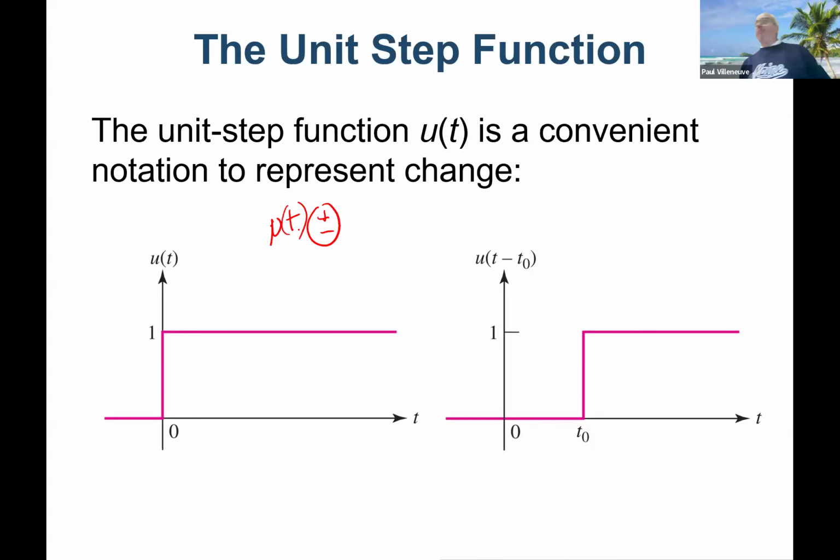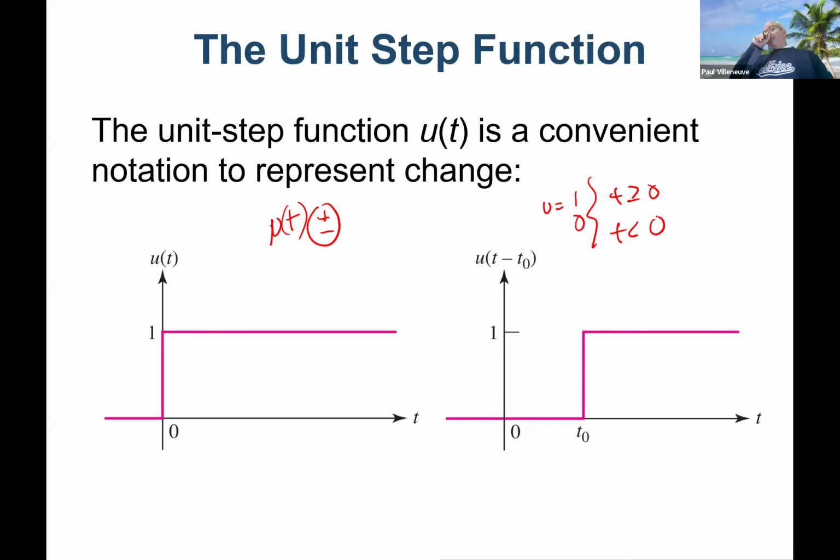If you were trying to mathematically write this, you say that U equals 1 for t greater than or equal to 0, and is equal to 0 for t less than 0, okay? And this is if we delay it.